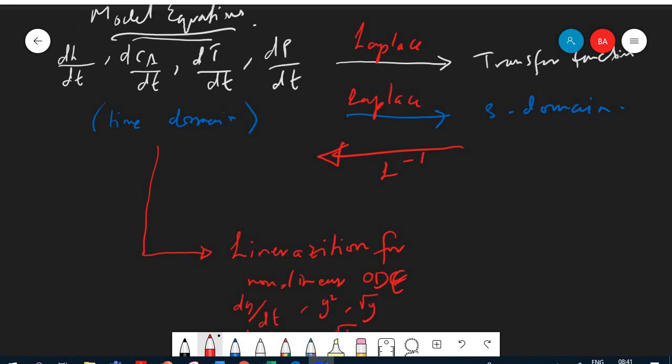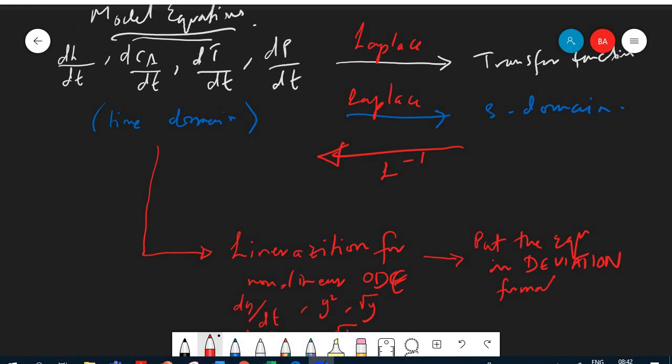So after you do some kind of linearization, we are going to put the equation in deviation formats.